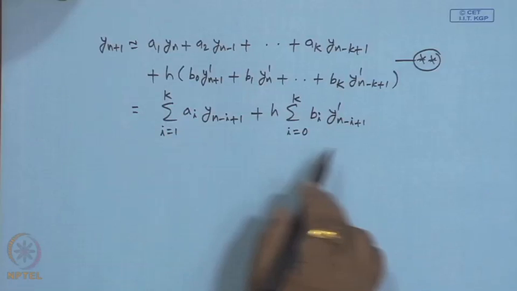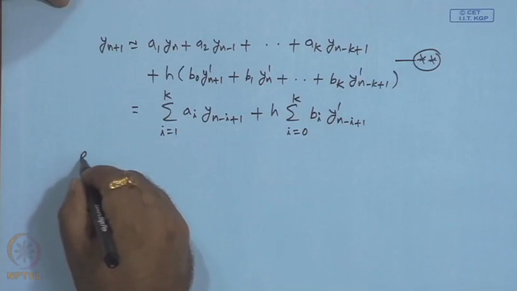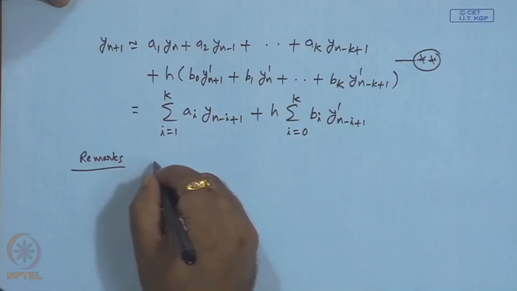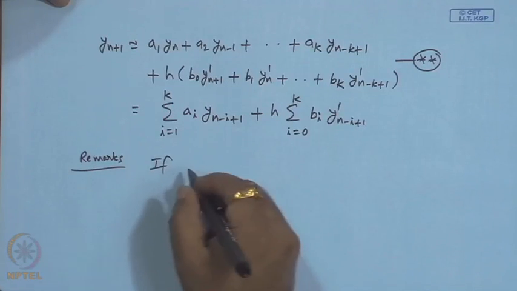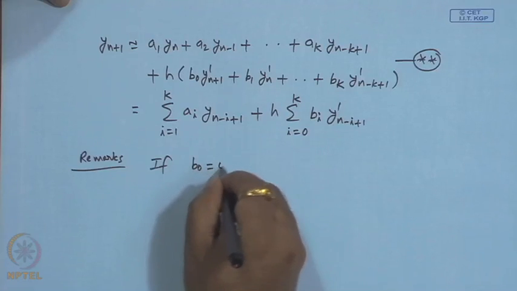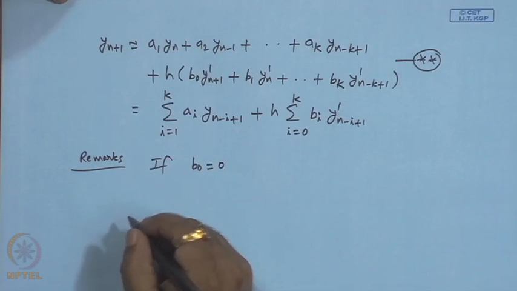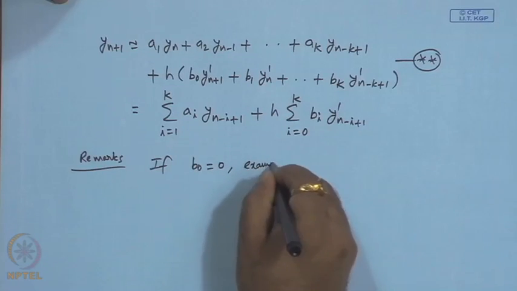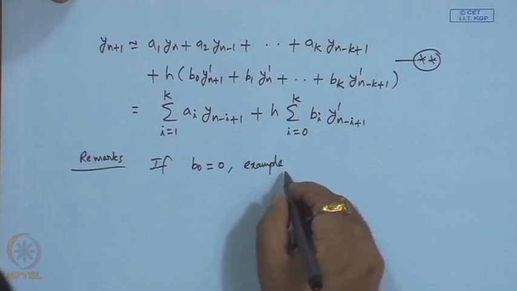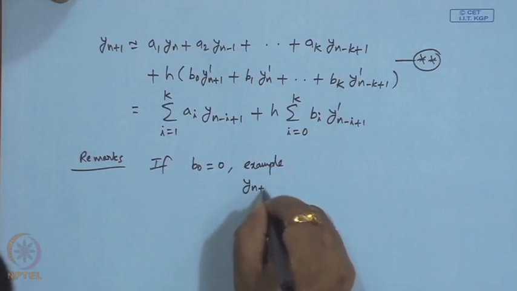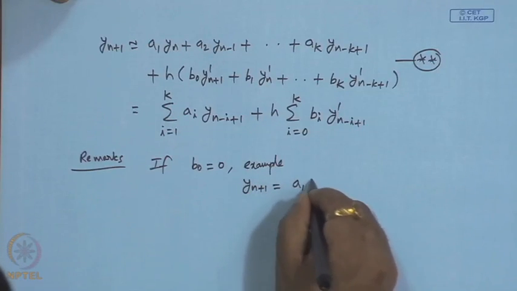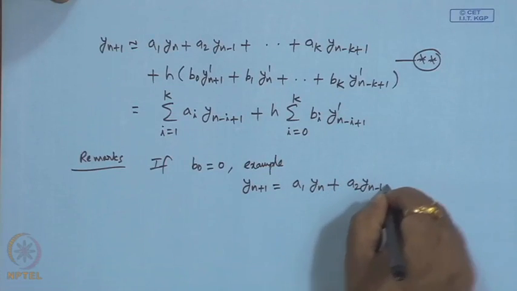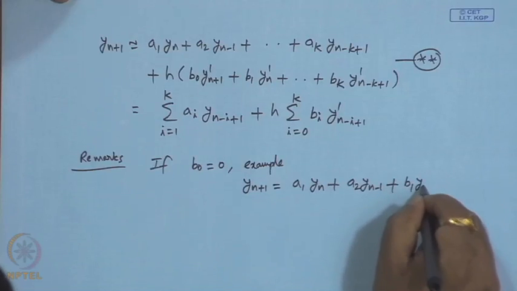Once we write such a general method, a few remarks. If b 0 is 0, for example y n plus 1 equals a 1 y n plus a 2 y n minus 1 plus b 1 y n prime.